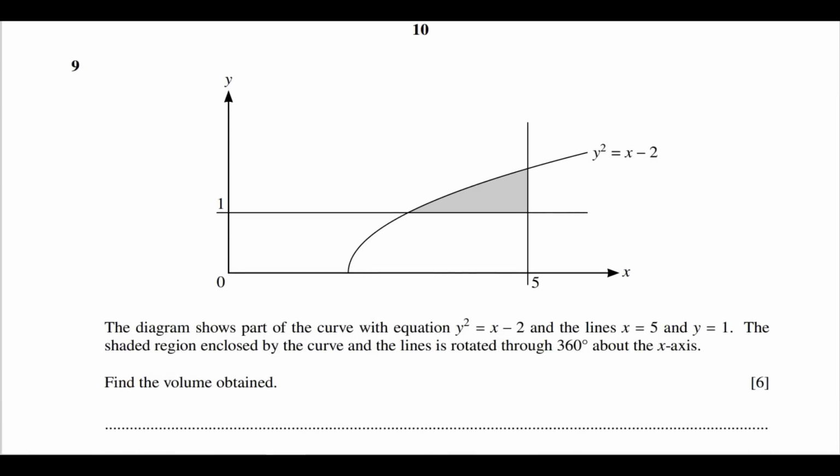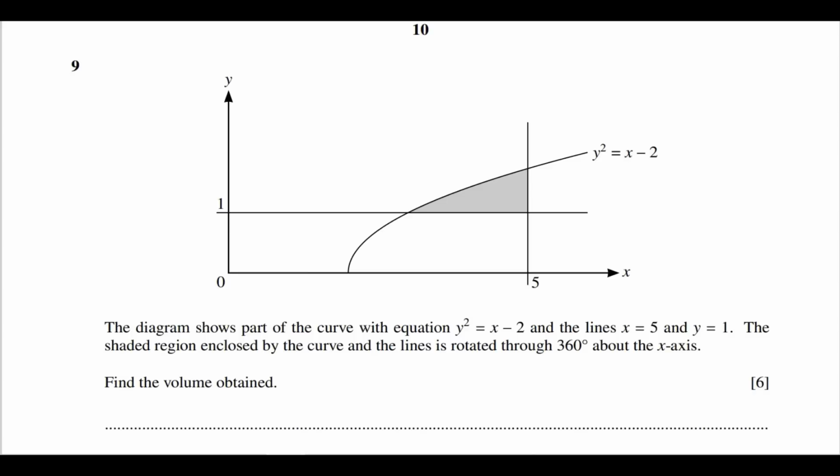Next, question number 9. The diagram shows part of the curve with equation y square equal to x minus 2 and lines x equal to 5 and y equal to 1. The shaded region enclosed by the curve and the lines is rotated through 360 degrees around the x-axis. Find the volume obtained.